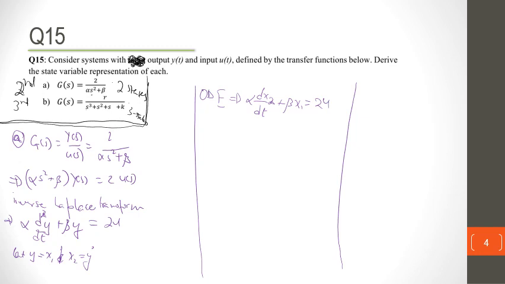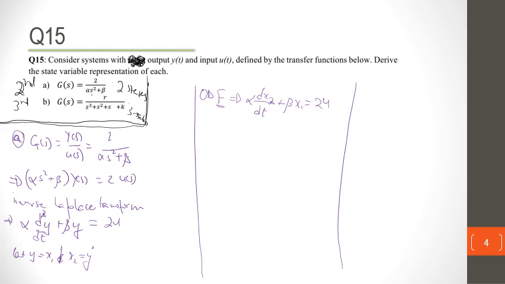By the way, you can exchange this. You can assign x1 to y dot, x2 to y. It doesn't matter, because it will produce an equivalent representation, but not exactly the same representation. It will be an equivalent representation with similar system behavior for analysis purposes and control purposes.